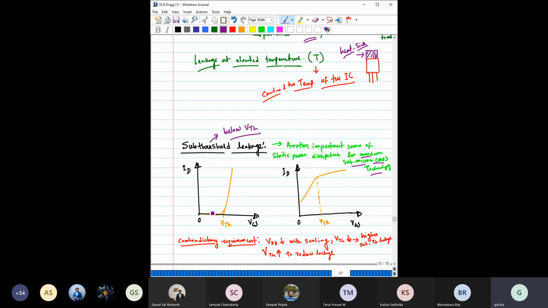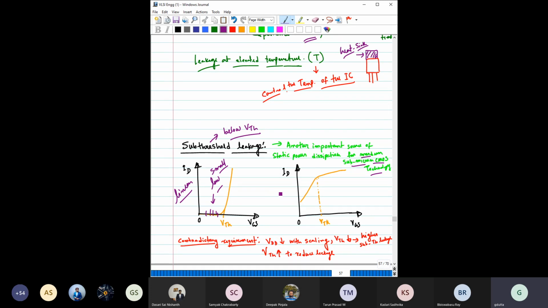Below threshold, the current is almost zero. If you plot it in a linear scale, it will look something like this. In this region the current is pretty small, right? That's why in our day to day calculation, we estimate that below threshold voltage the current is equal to zero, but it is actually not the case.